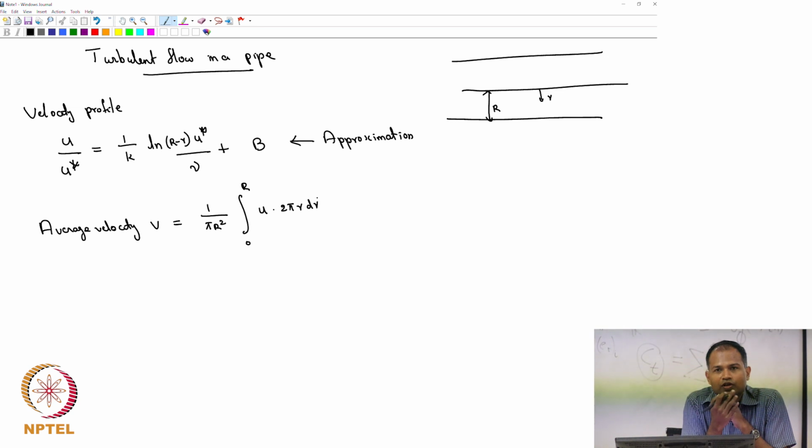So this is the velocity integrated over the entire surface divided by the surface area. So we know the expression for u. So substitute and integrate and see what the average velocity is.